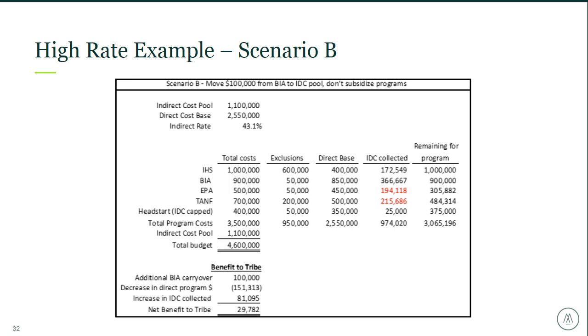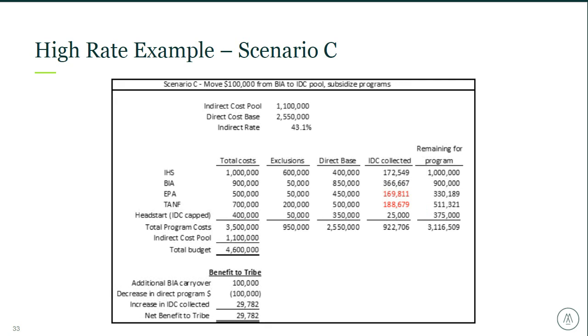So there's less money available for the EPA and TANF of $51,000. But because I increased that rate, my increase in indirect cost collections were $81,095. So my net benefit to the tribe in doing this was $29,782.